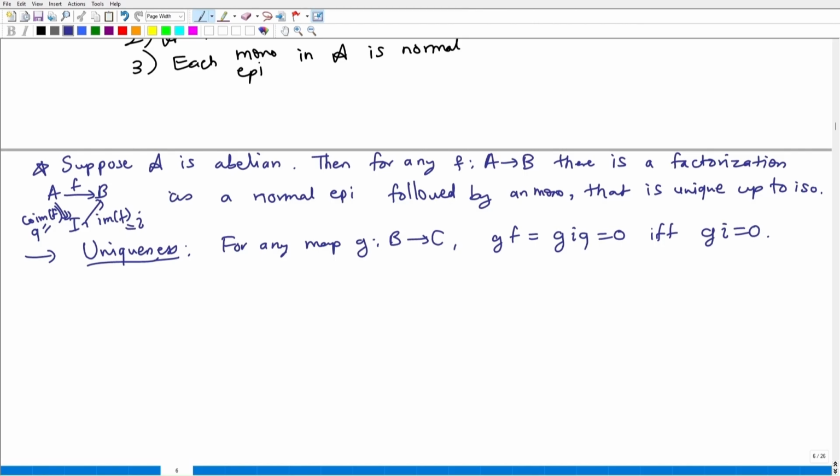So we are assuming that we have such a factorization where Q is an epimorphism, so you can cancel it from both sides. So GIQ is equal to 0 if and only if GI is equal to 0, which means GF is equal to 0 if and only if GI is equal to 0. I gave you a proof of the statement that I wrote above, right? So therefore, the co-kernel of F is isomorphic to the co-kernel of I.